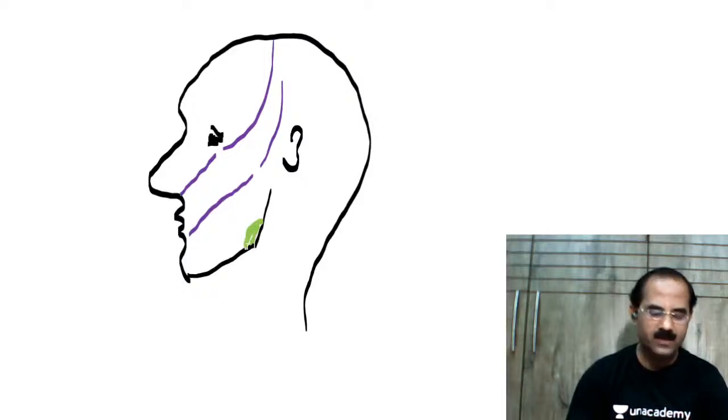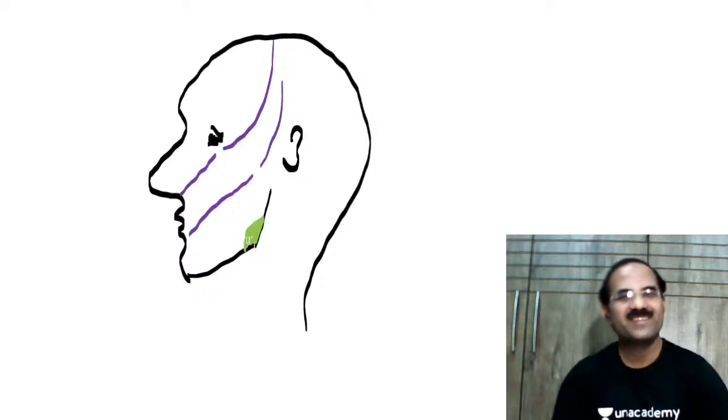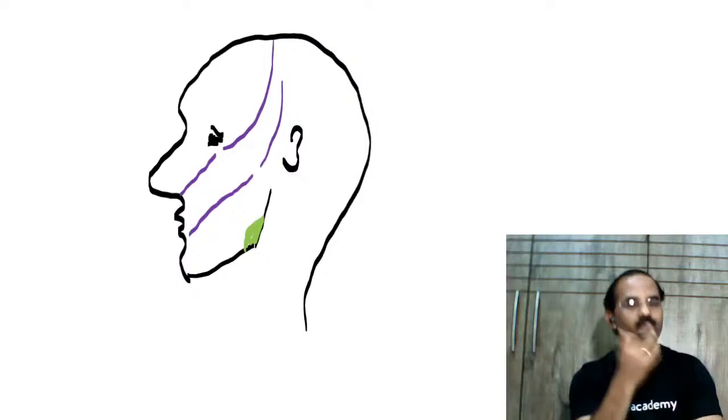If you can answer this, except what have I drawn here? This you should know, and this is extremely important for you. Which area of the face is not supplied?